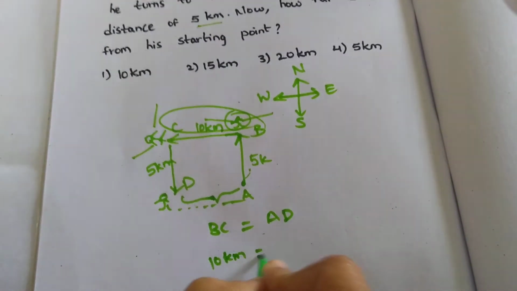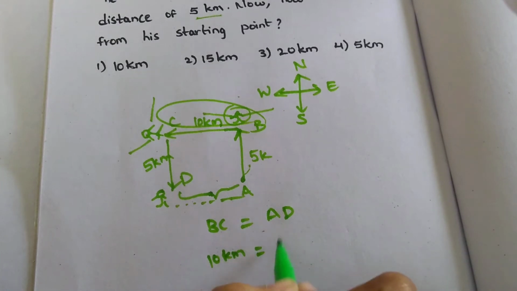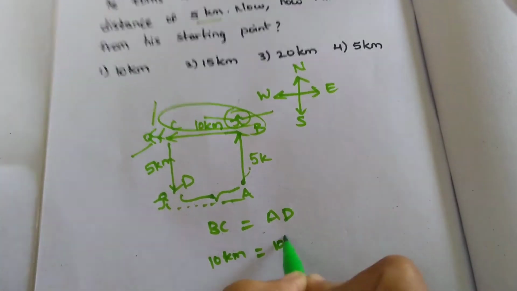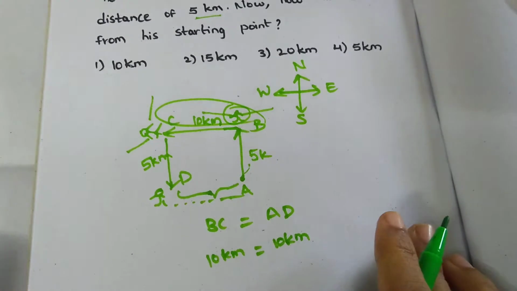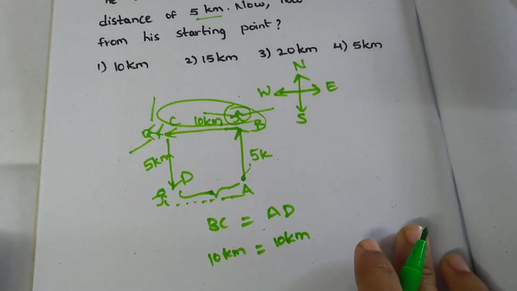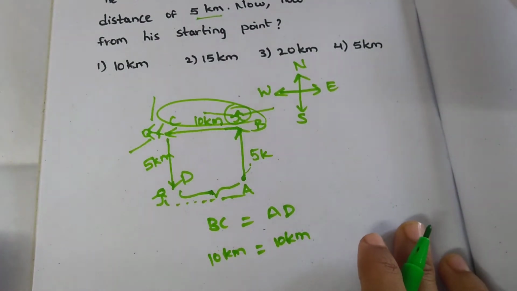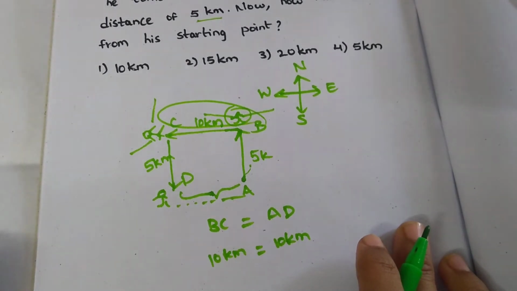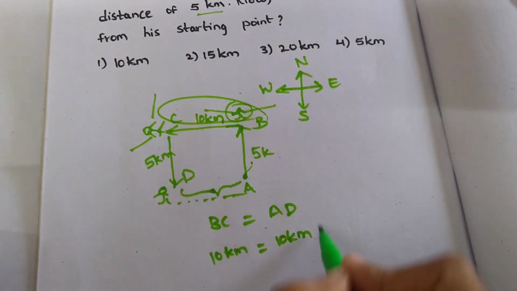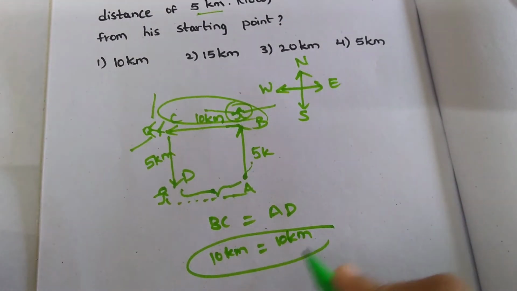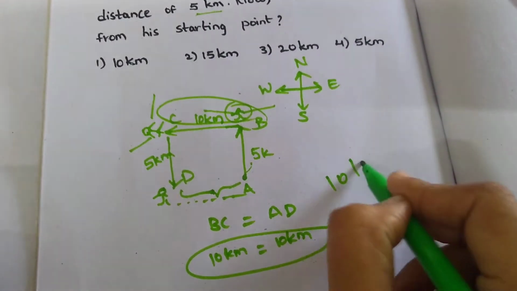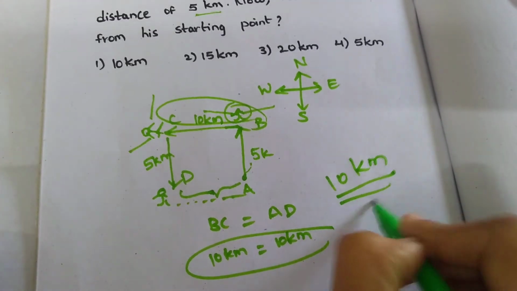So, AD equals 10 kilometers. So, clearly Hemant is 10 kilometers far from his starting point. So, the answer is 10 kilometers.